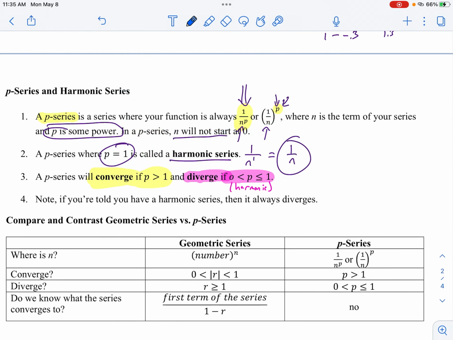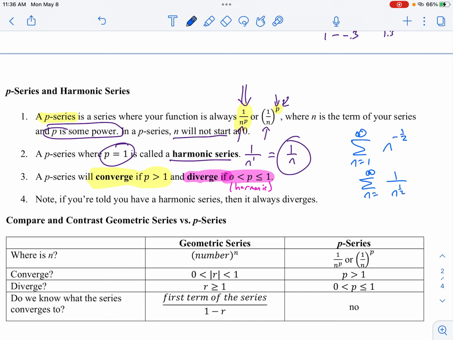So, these would be like, let's tell whether this series, the sum from 1 to infinity of n to the negative 1/2, converges or diverges. Well, we want to get rid of the negative 1/2 and flip it to the bottom.